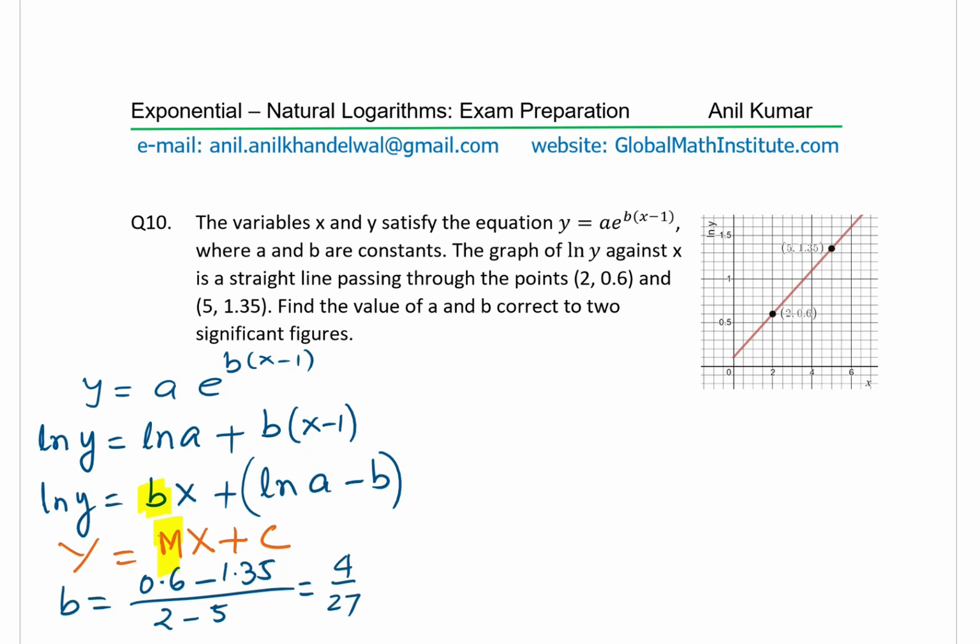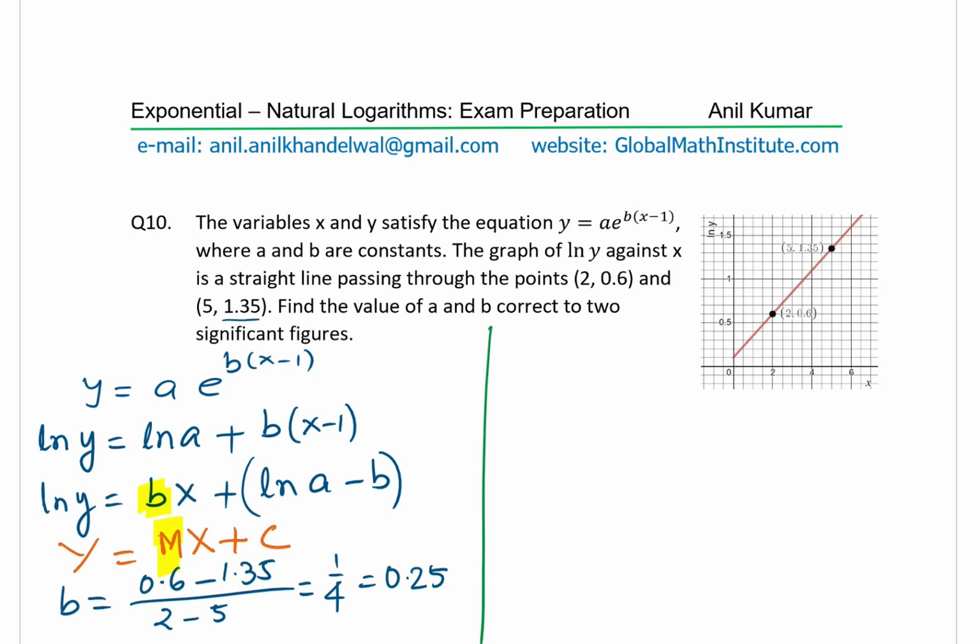Let's redo it: 1.35 minus 0.6, and we are dividing this by 3, so we get 1 over 4 as our slope, which is 0.25. So the value of b is 0.25.